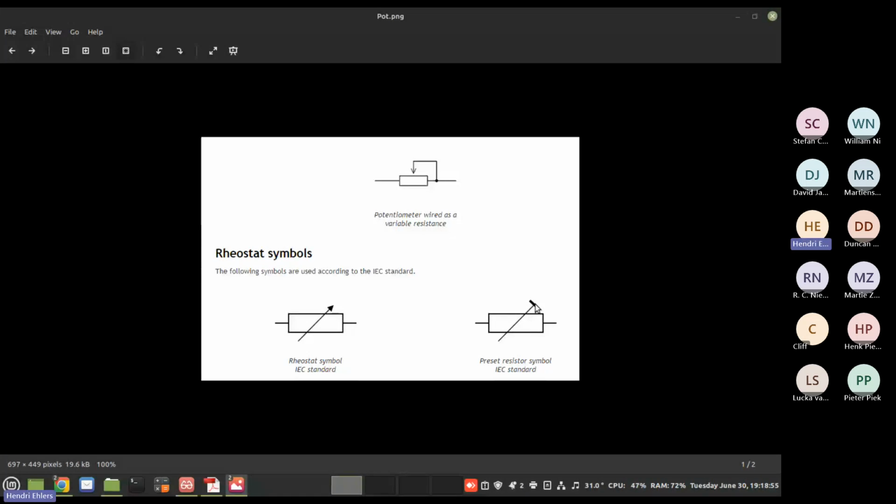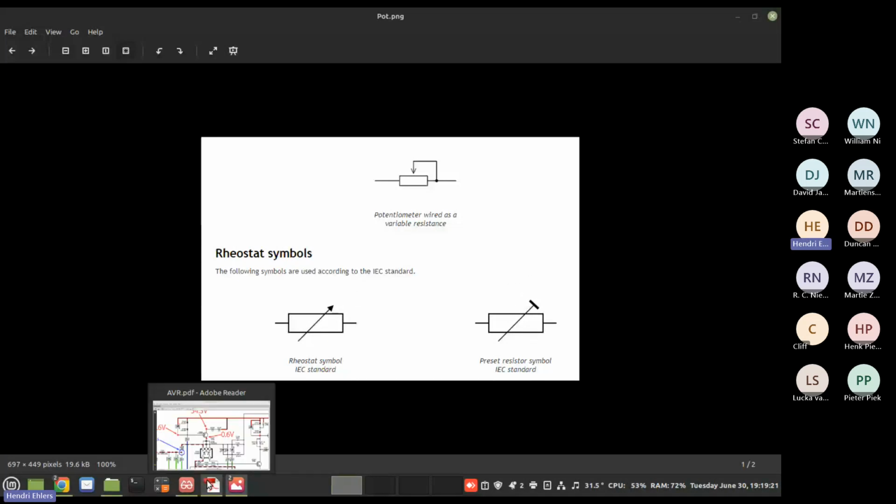One with a flat line like this means it's a preset resistor. So when they would set up the amplifier's bias, for instance, they would preset it in the factory, and then the user will not tamper with it afterwards. So this explains what you'll find in a diagram.